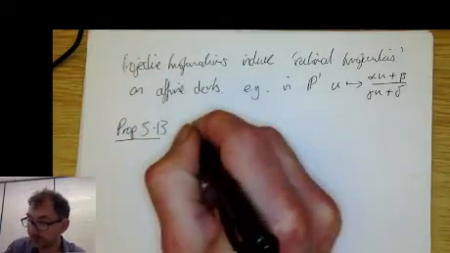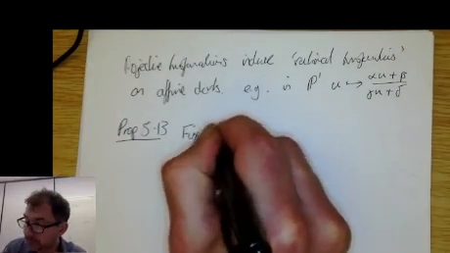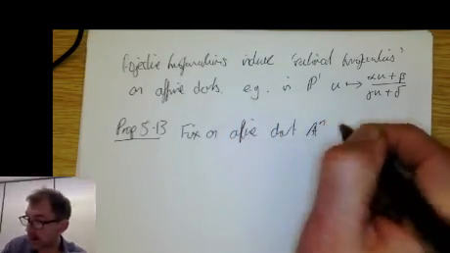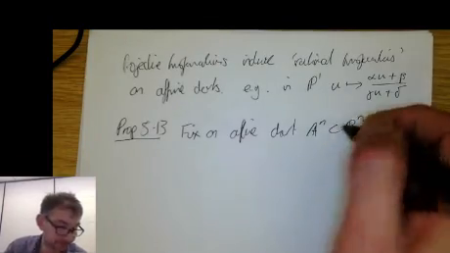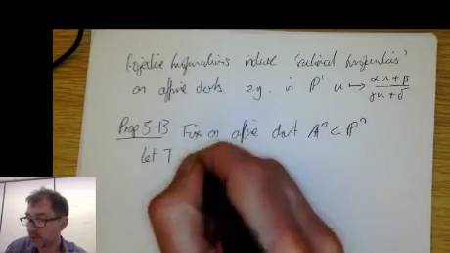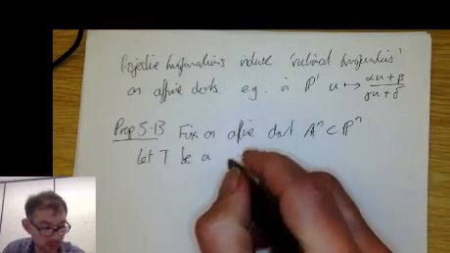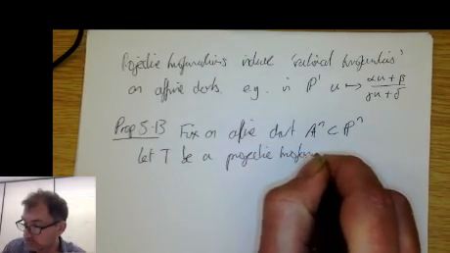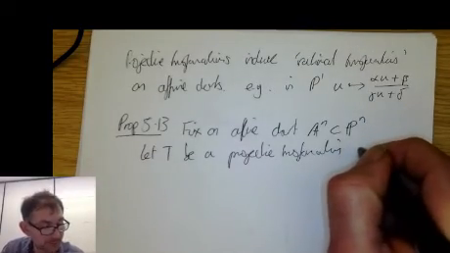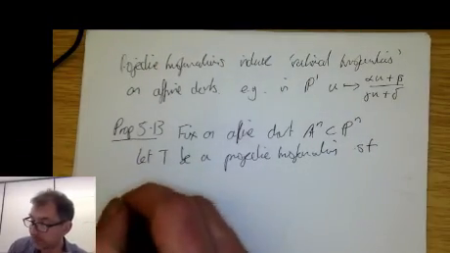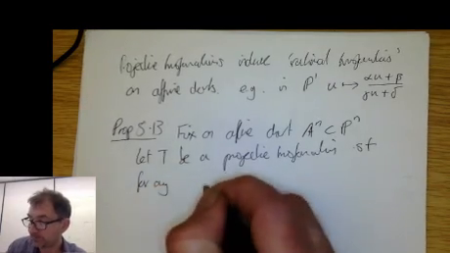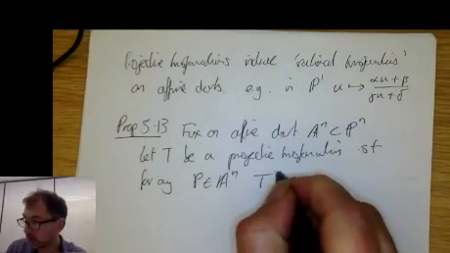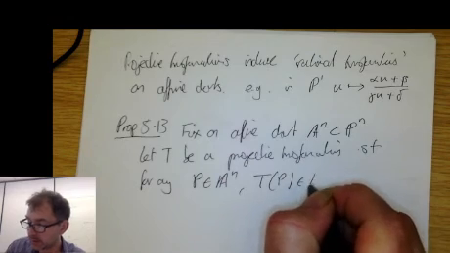Which I'll just write down. So fix an affine chart A^n in P^n, and let T be a projective transformation such that for any P in A^n, T of P is also in A^n.